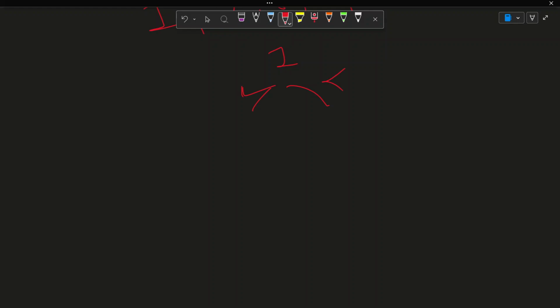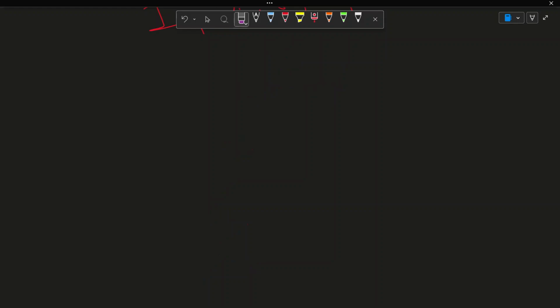If we include this, then here 1 plus 1, and then again I check the next one, which is 3. Again 3 has two options, including and excluding both. So this type of problem is this.